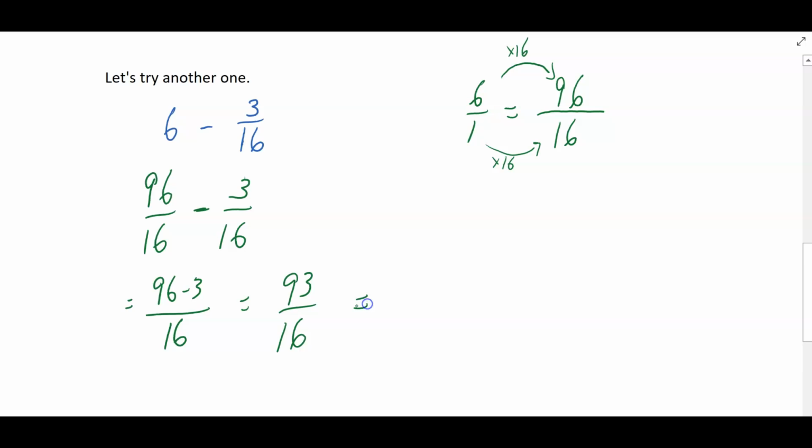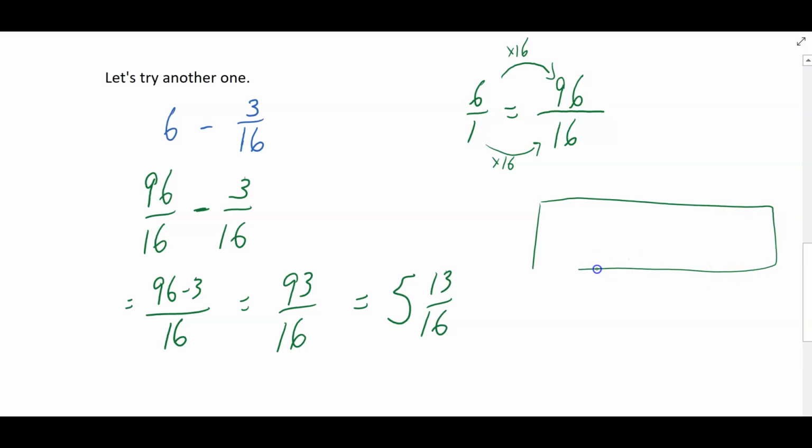So this answer will be 5. And I took 3/16 off of the whole. 16/16 is a whole. When you take 3/16 off, you are left with 13/16. So that's another way to visually get that, all right?